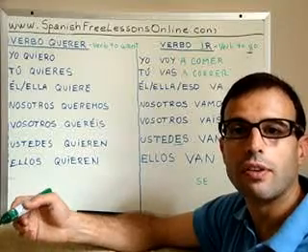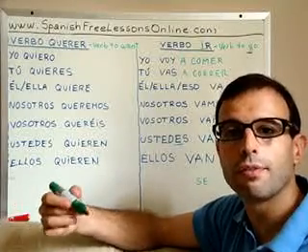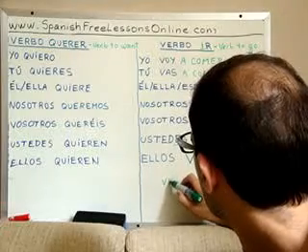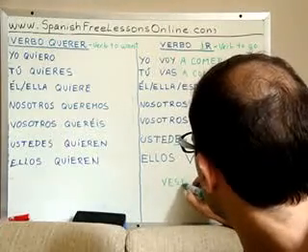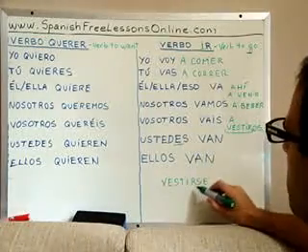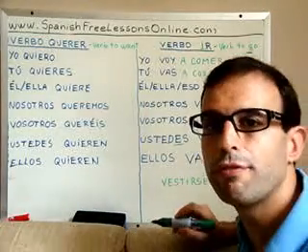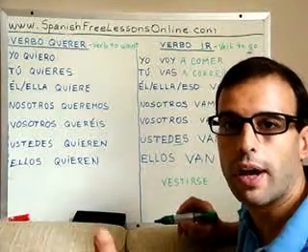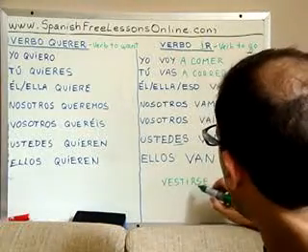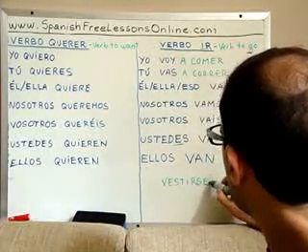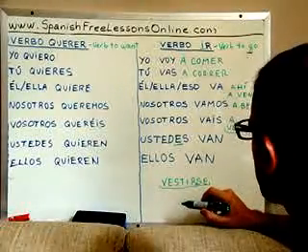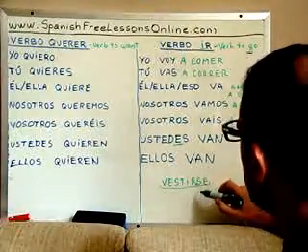So, in Spanish, to dress yourself is vestirse, okay? All reflexive verbs, when you have the verb and says yourself, they all add the ending se to the verb itself, okay? So vestirse.